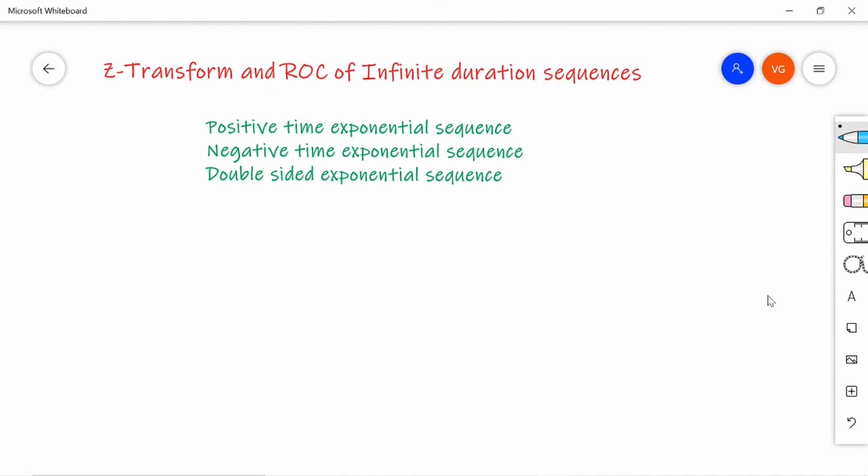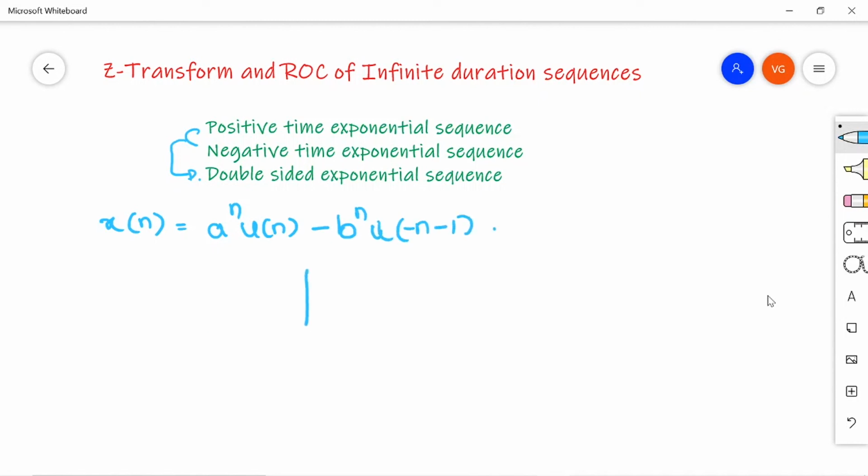Coming to double-sided exponential sequence, it's a combination of both positive and negative time sequences. The sum of positive time exponential sequence and negative time exponential sequence gives you the double-sided exponential sequence, defined as x of n is equal to a power n u of n minus b power n u of minus n minus 1.